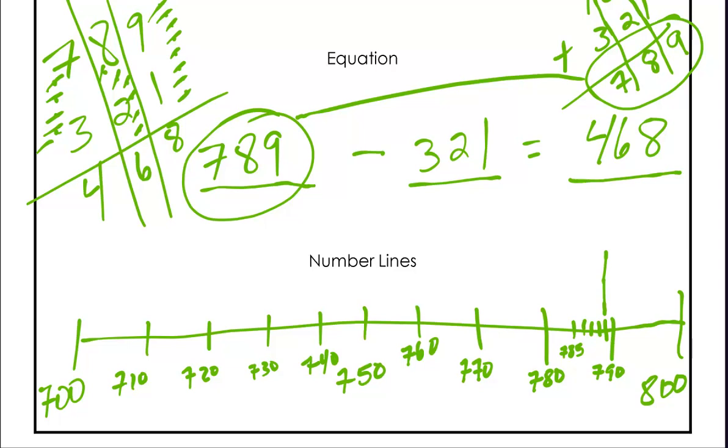We have to take away 321, which means that we're going to go forward more. Is that right? No. We're subtracting, so we're going to go backwards. Okay. Now here's where it's hard, because we have to count 321 spots.